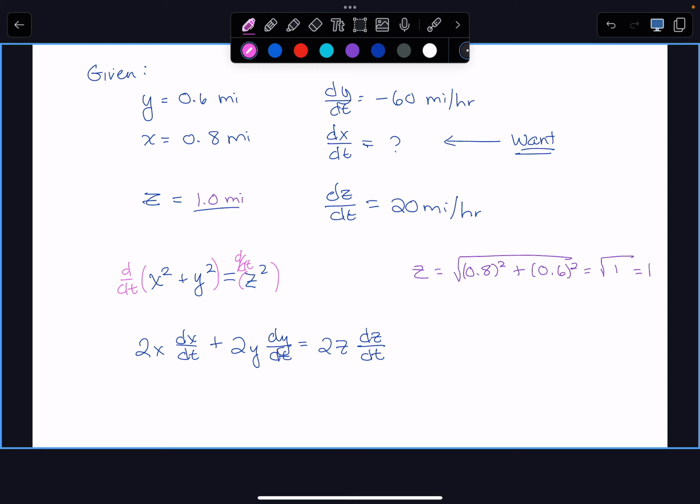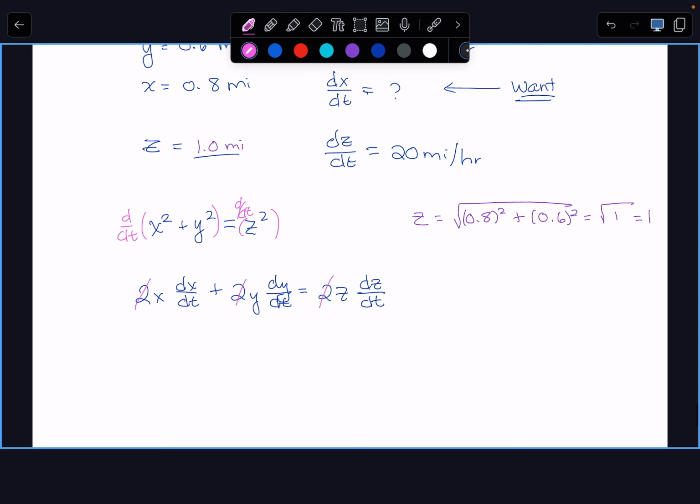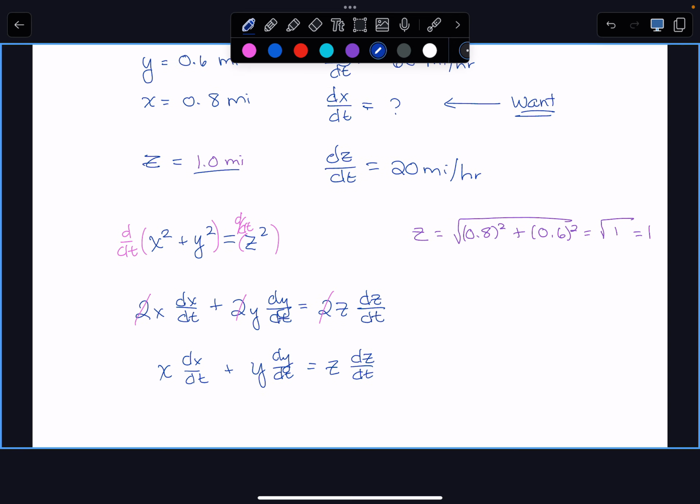Like I said, there's a 2 in each of those terms, so I'm going to either divide everything by 2 or multiply by 1/2, however you care to think about it. I'm going to have x dx/dt plus y dy/dt equals z dz/dt. All right, now I'm just going to plug in numbers.